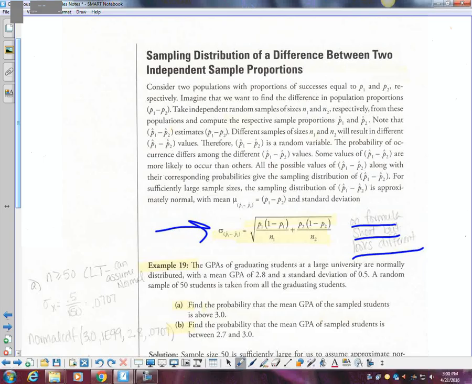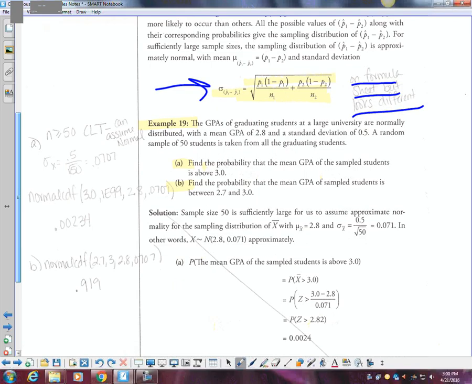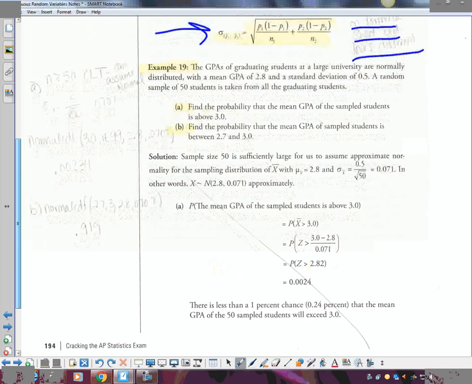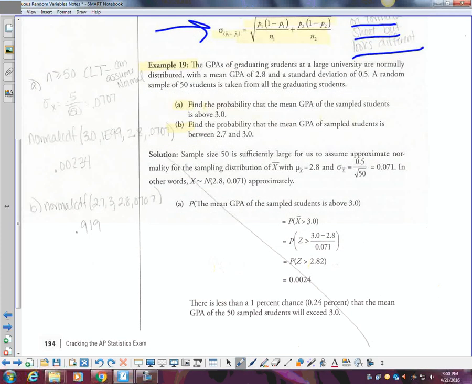Okay, so let's look at example 19. The GPAs of graduating students at a large university are normally distributed with a mean GPA of 2.8 and a standard deviation of 0.5. A random sample of 50 students is taken from all graduating students. How many samples do we have?